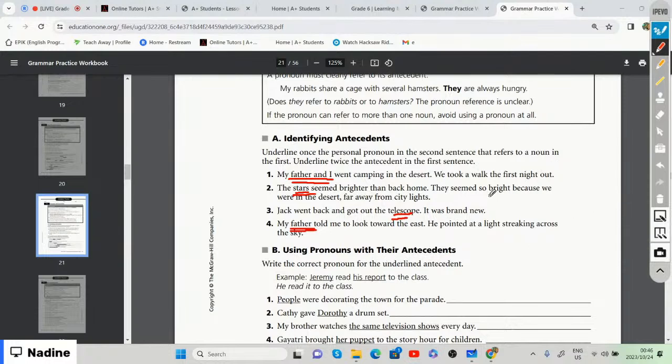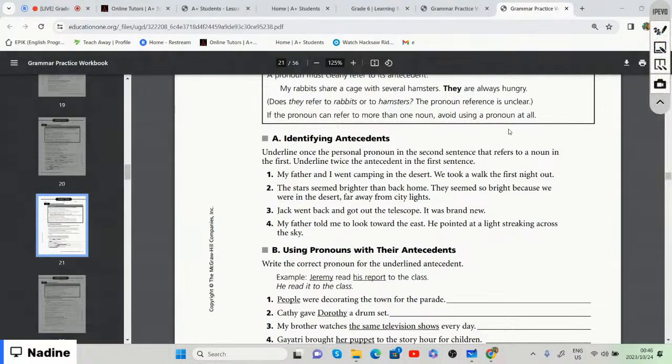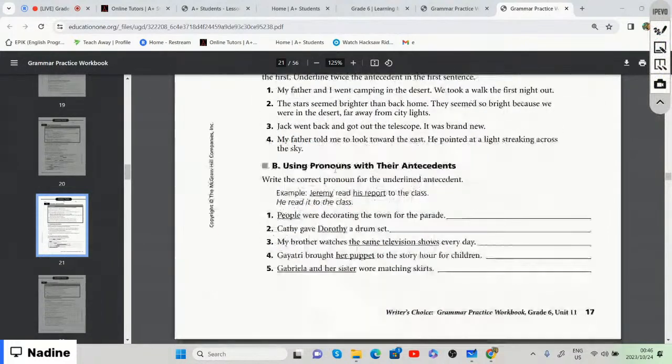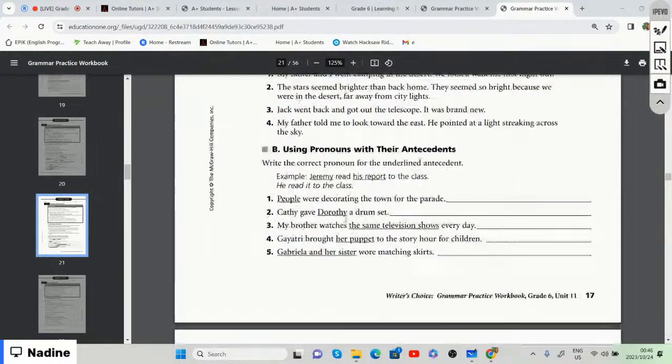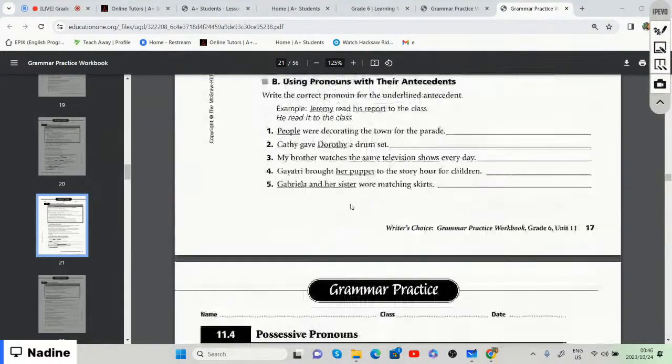All right, so that is us identifying the antecedents in the first activity. You can go over B by using pronouns with the antecedents, and the example is done: Jeremy read his report to the class. Then you can just complete B by using pronouns and the antecedents.